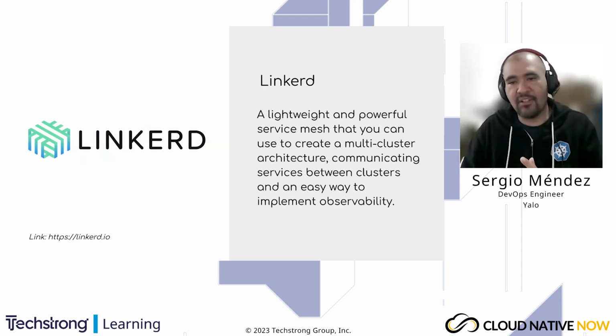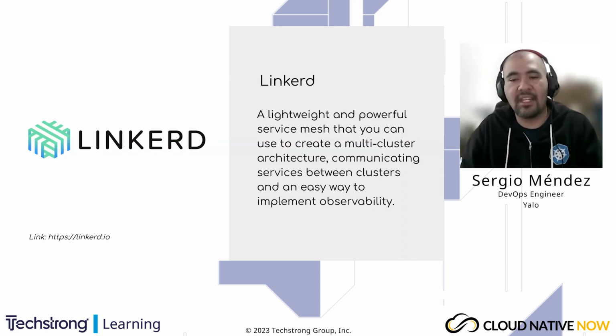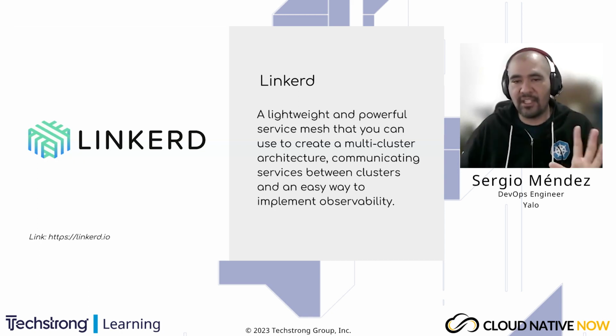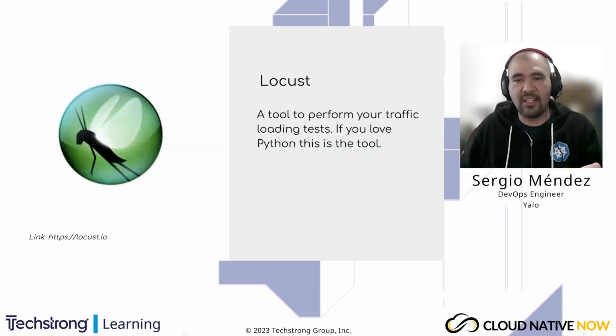Linkerd will be another concept, a service mesh, a way to interact with the networking traffic and do something around this traffic, like communicating multi-clusters, getting some observability or some metrics around the golden metrics, like requests per second, success rate, and that kind of stuff. So Linkerd is going to help us with that, and the students are going to learn around it.